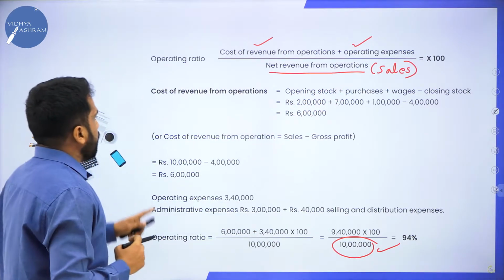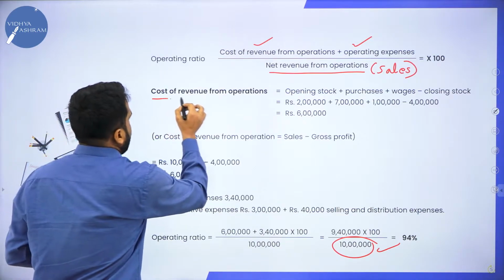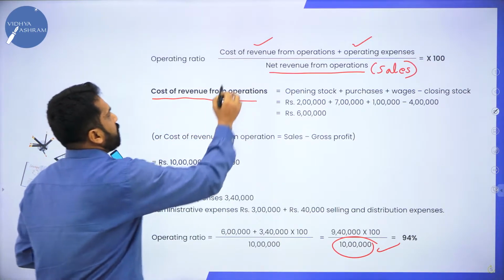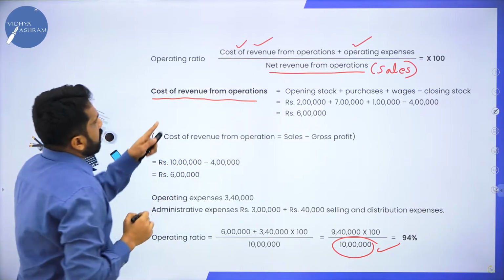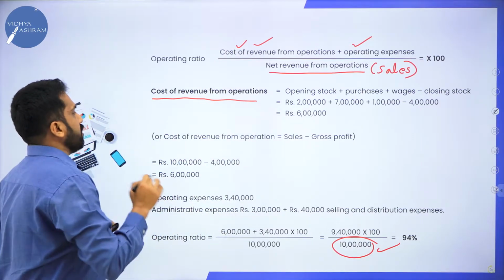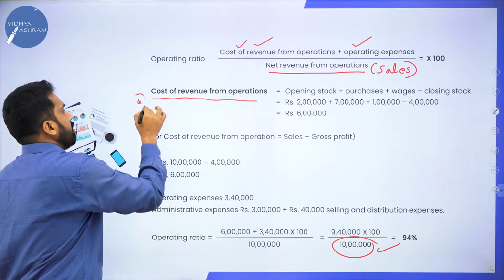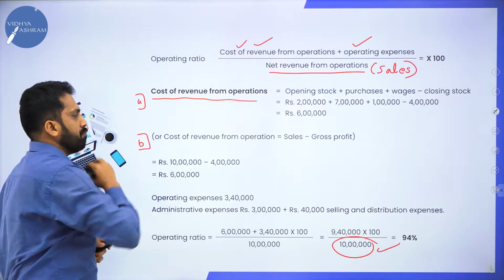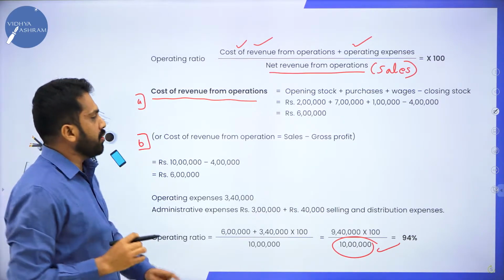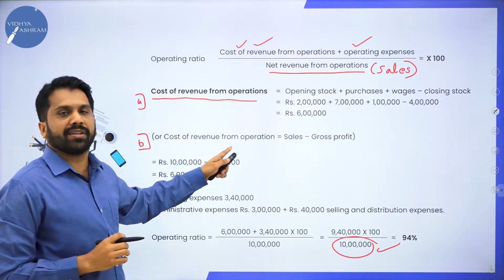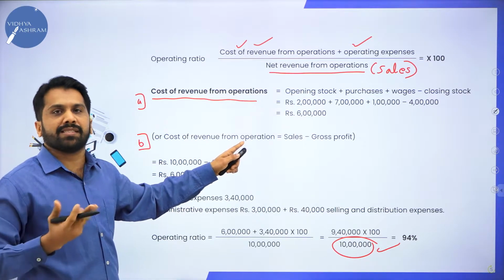Now, you have two options for cost of revenue from operation, option A and option B. In your examination, you can go for this one or this one. Anything is okay.